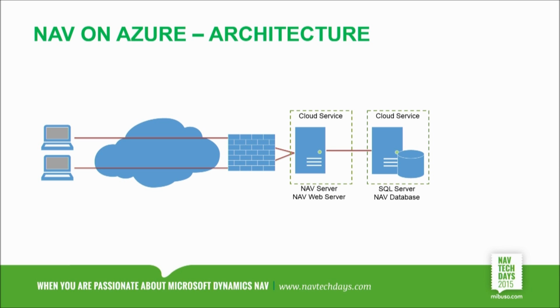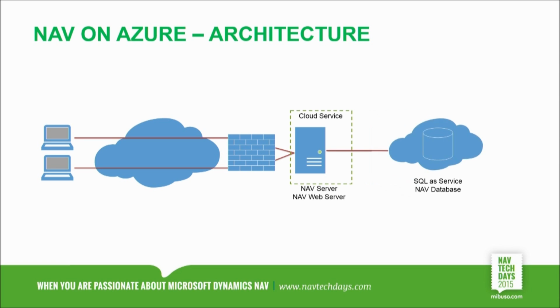We had to know how to deploy this using PowerShell. It was not so easy, but we could use it. But with NAV 2016, we got a new feature. Now we can use SQL as a service on Azure. I think this is a really good feature.